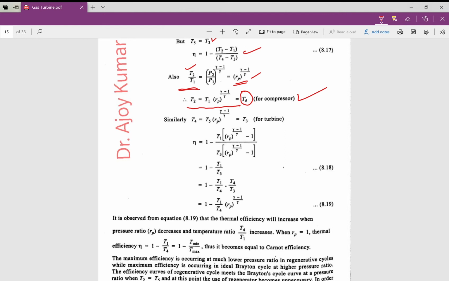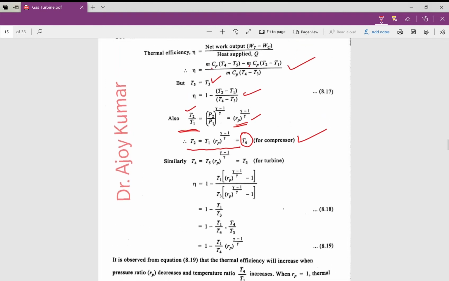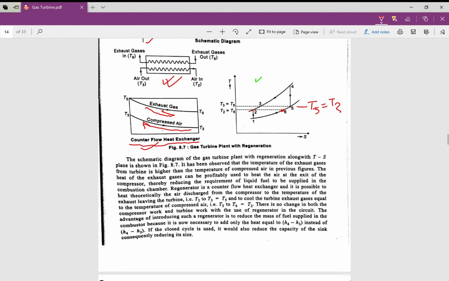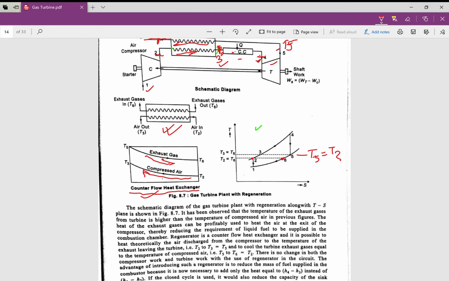Similarly, T4 is equal to T5. You apply the equation to process 4-5, that is the expansion process. So according to that fundamental, the final equation T5 upon T4 should be written as P5 divided by P4 raised to power gamma minus 1 upon gamma.